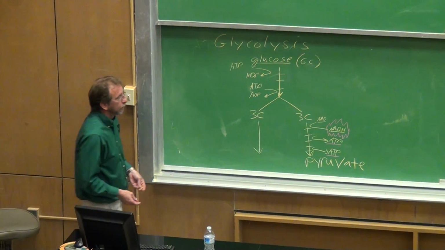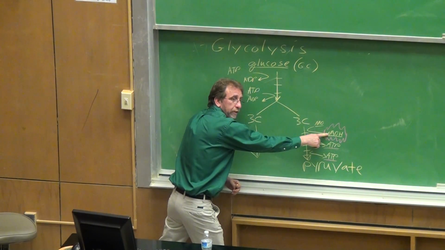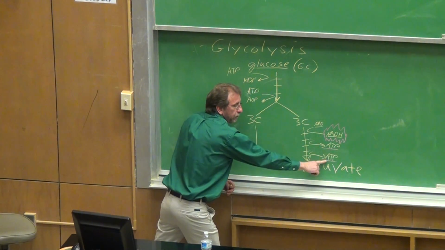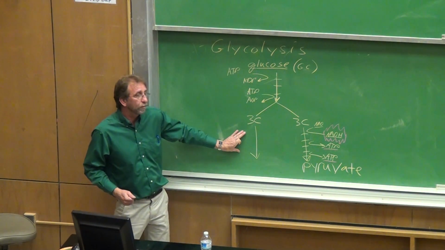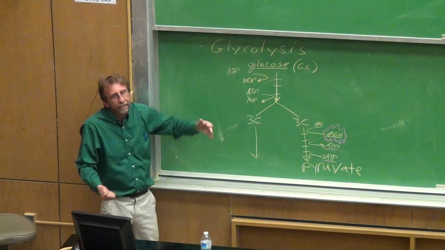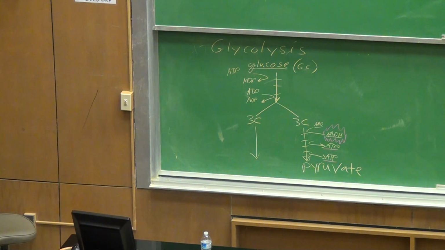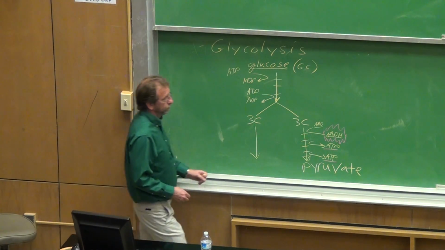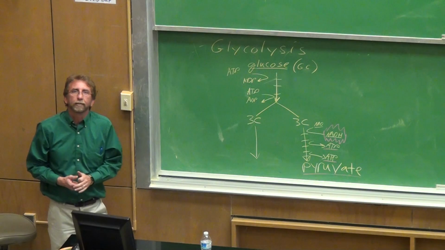So this happens on both sides, right? So we really have 2 NADH, 2 ATP, 2 ATP, so we get 4 ATP and 2 NADH, and it only cost us 2 ATP. So our net gain is 2 ATP and 2 NADH molecules. Plus, pyruvate is a precursor metabolite.